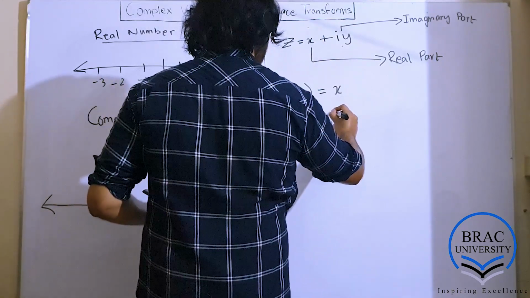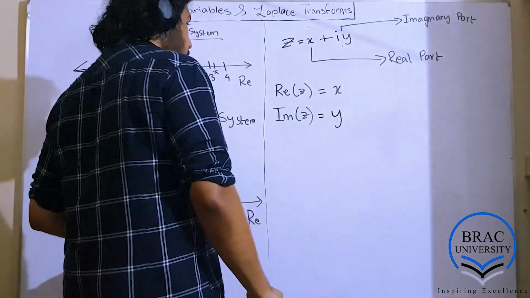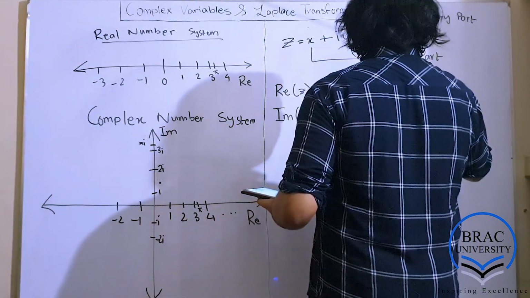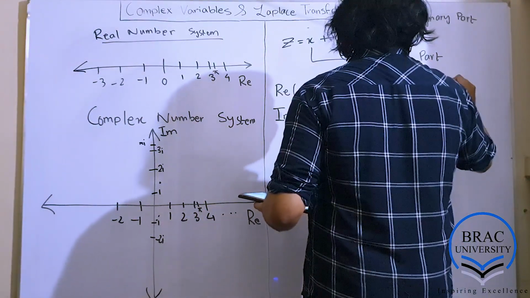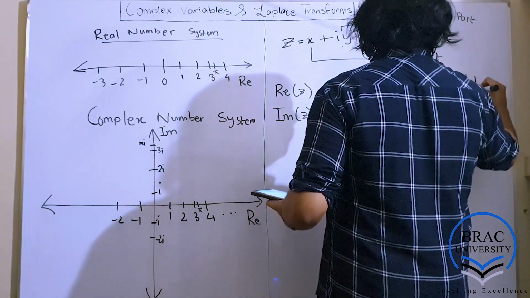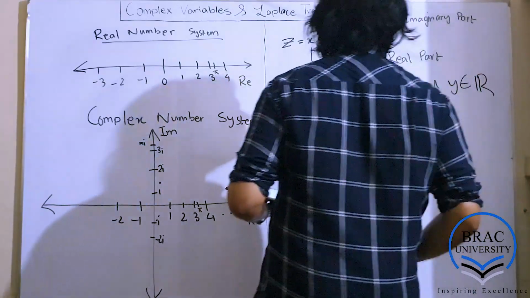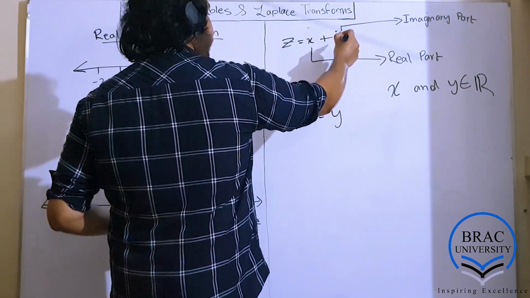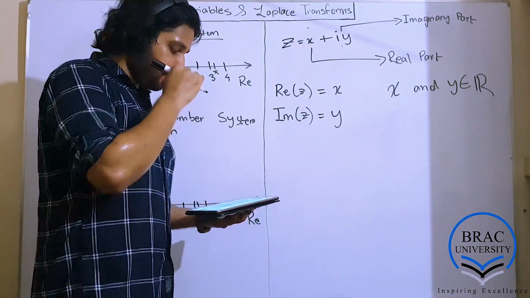Both x and y are real numbers. What makes this part an imaginary number is the fact that you're multiplying i to it.